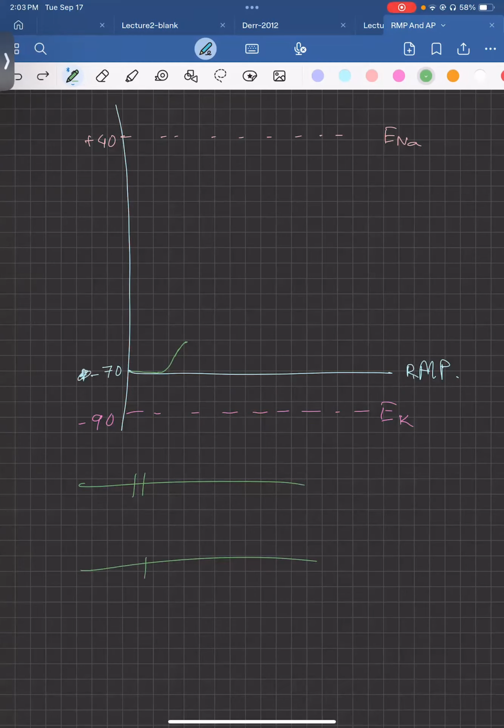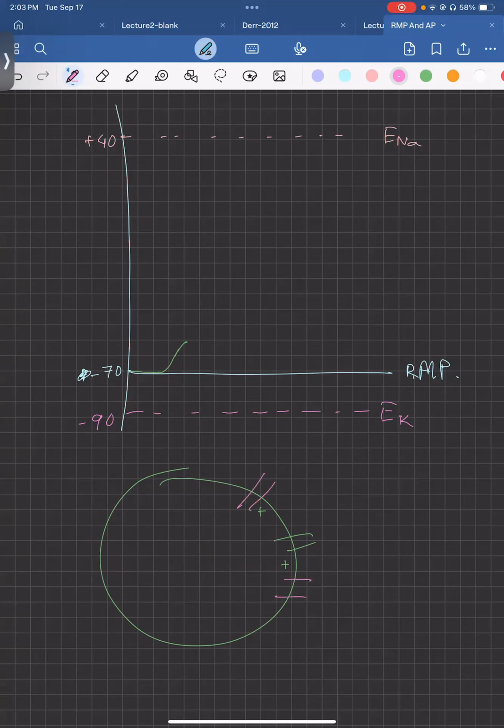But what that did was it opened some additional sodium channels that we called voltage-gated sodium channels, which only open when a threshold voltage is reached. Okay, because of these magical positive charges that came about.